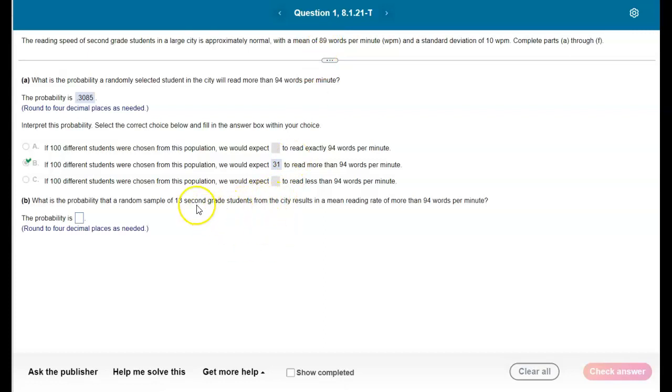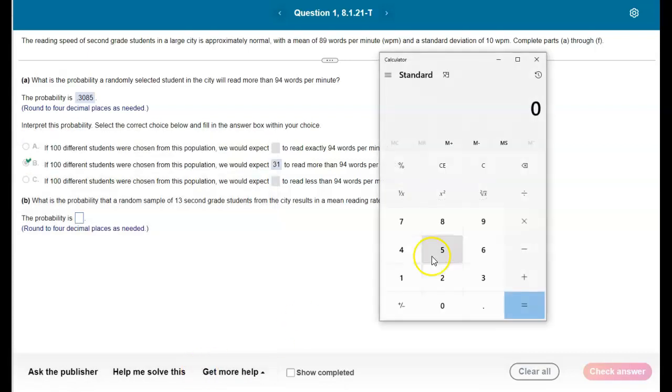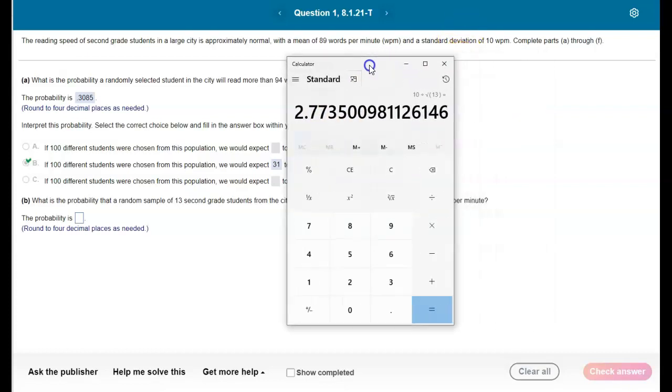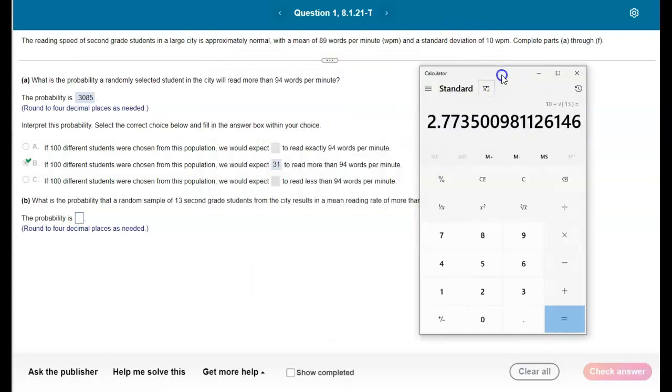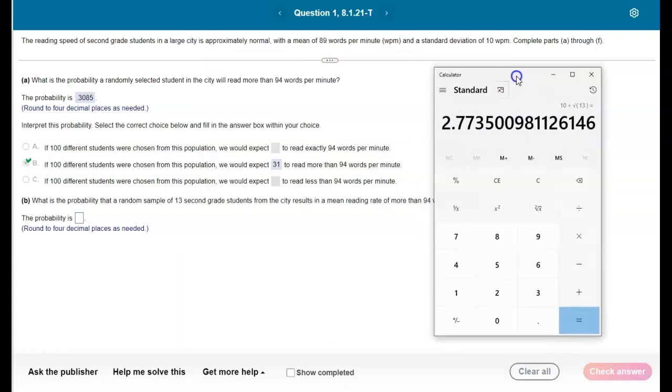But for the standard error of the mean, we take our standard deviation, which was 10, and we divide it by the square root of n, which is the square root of 13. So let's take our calculator out and take our standard deviation and divide it by the square root of 13. And we get 2.7735.